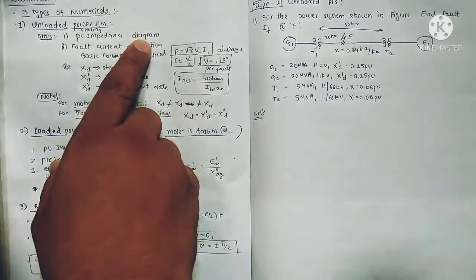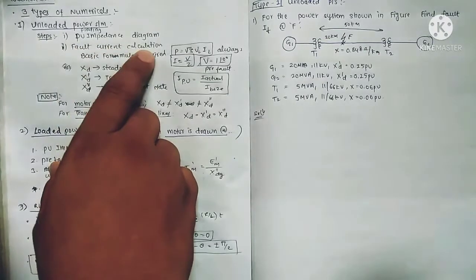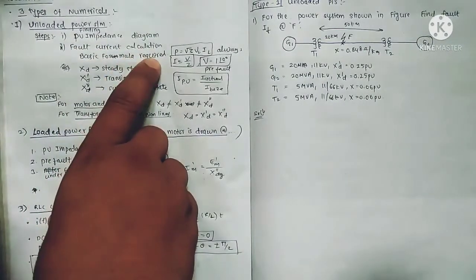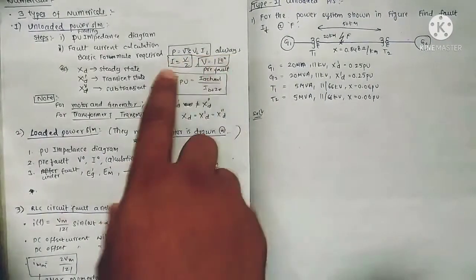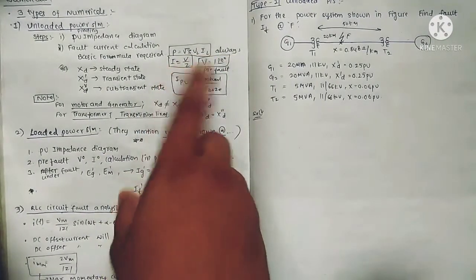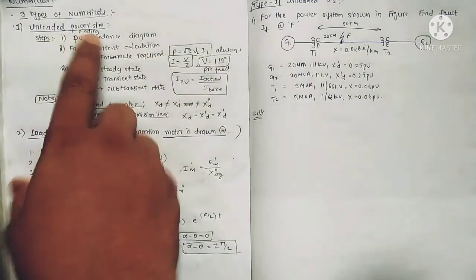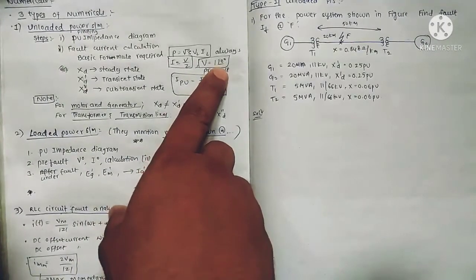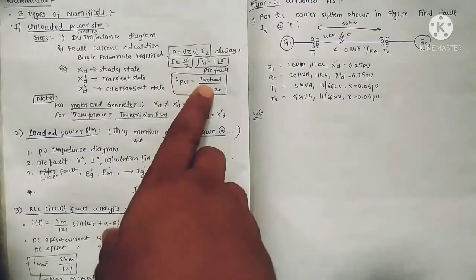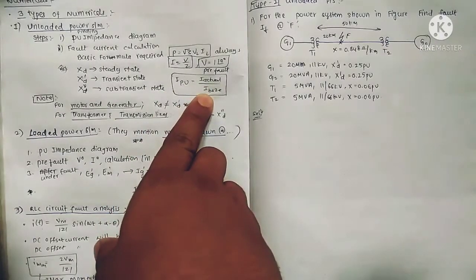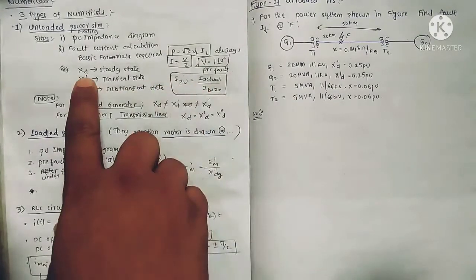Second, we calculate fault currents. The basic formulas required are P equals root 3 VL IL, and I equals V by Z. Always V equals 1 angle 0 degree. In an unloaded power system, the pre-fault voltage will be 1 angle 0 degree. Remember this. Then I PU equals I actual divided by I base, and similarly V PU equals V actual divided by V base.